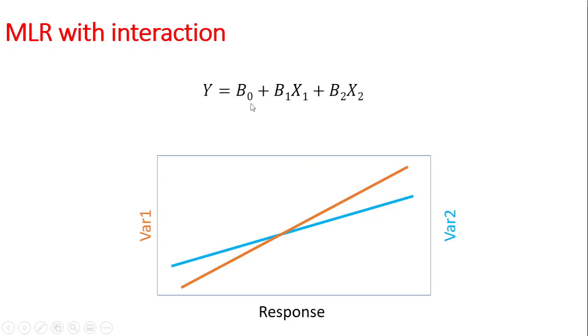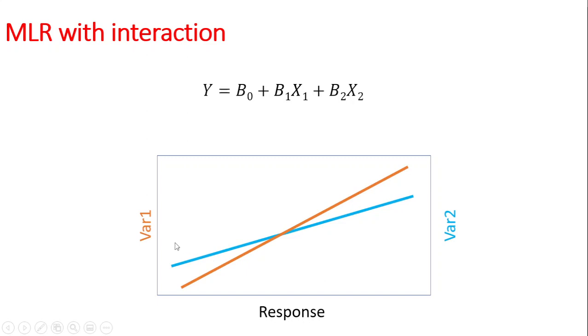However, if there is interaction between the variables x1 and x2, a classic way of explaining interaction would be this. So let's say there is a common variable between two variables, variable 1 and variable 2. For a particular value of response below that, one of the variables will always be higher than the other variable, and beyond that point the other variable will be higher than the previous variable.